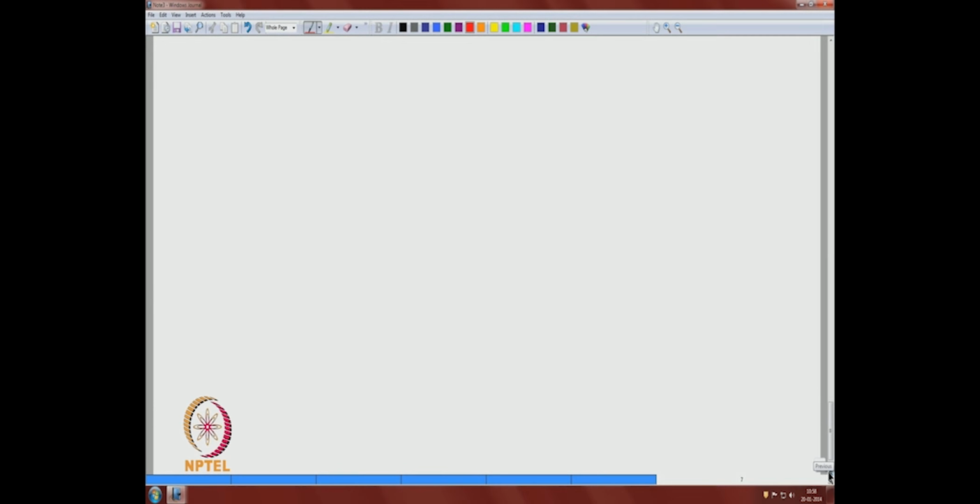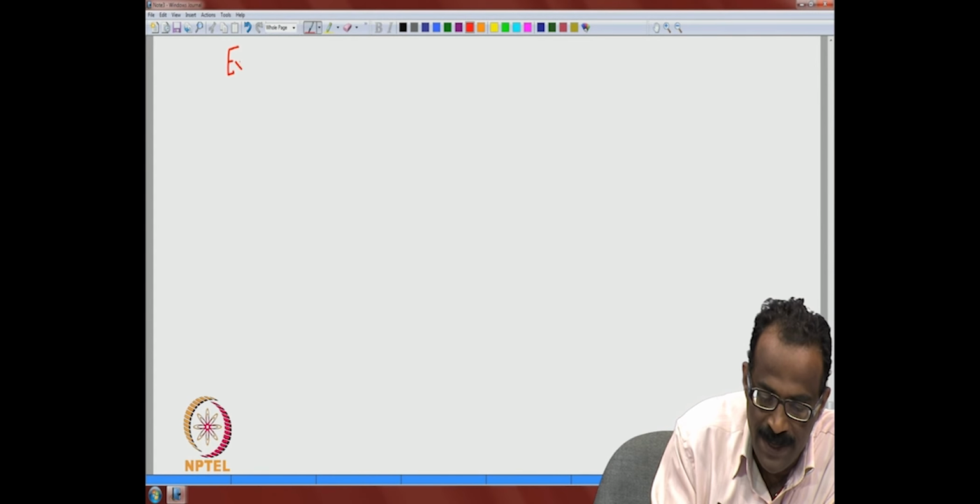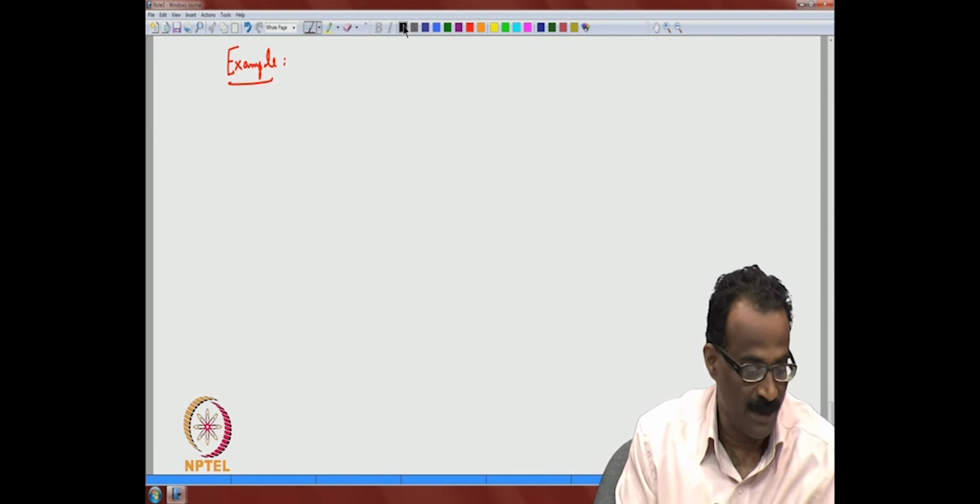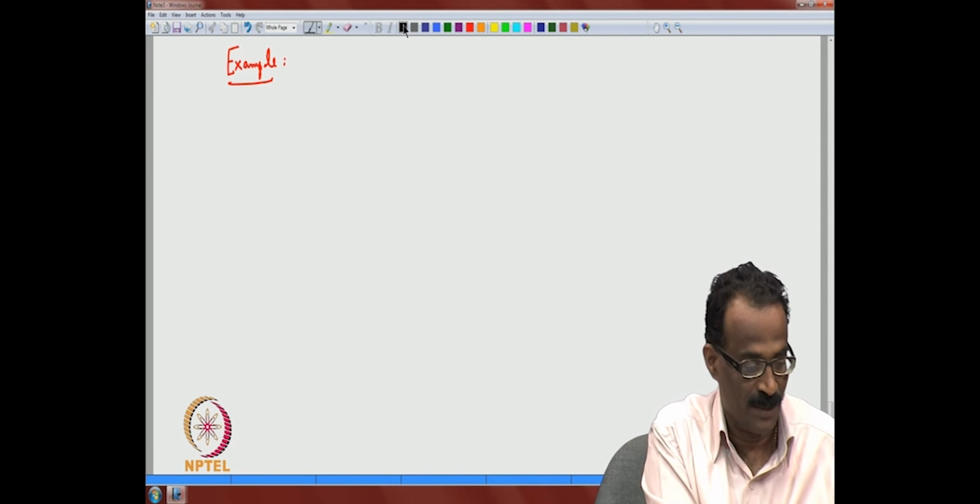So, we will go to another example, to see how the linear equivalence example will change. We will start with a system which is not in its normal form.